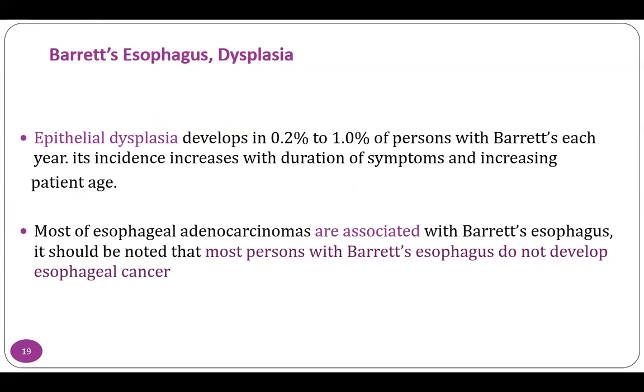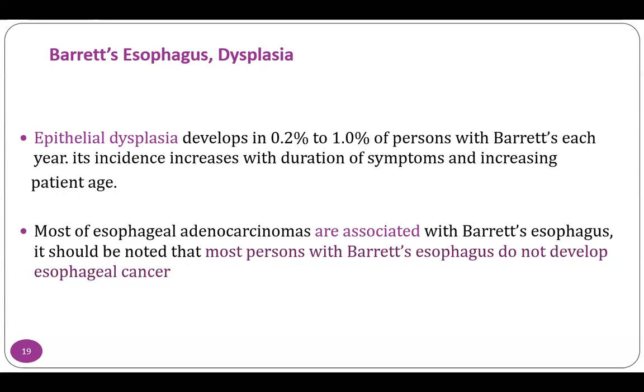As I said before, a very minor number of cases transform from Barrett esophagus into adenocarcinoma because we need to have dysplasia first, and the percentage of dysplasia at this time is 1% of patients with Barrett esophagus.